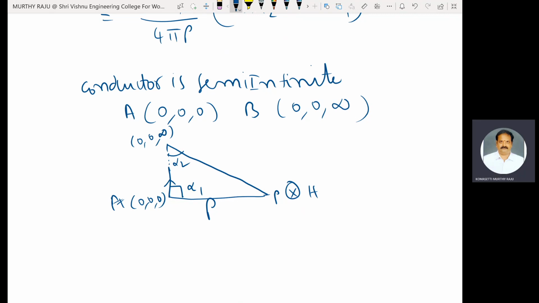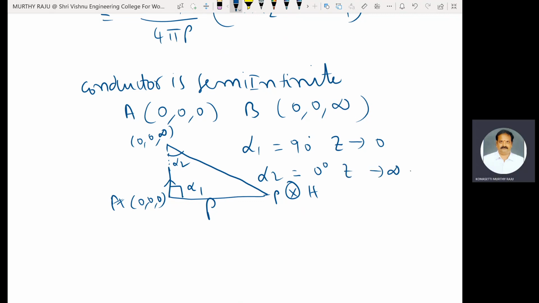From this geometry, alpha 1 is equal to 90 degrees when z is at 0. Alpha 2 is equal to 0 degrees as z tends to infinity.